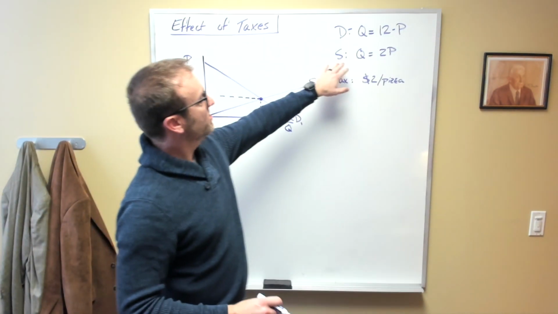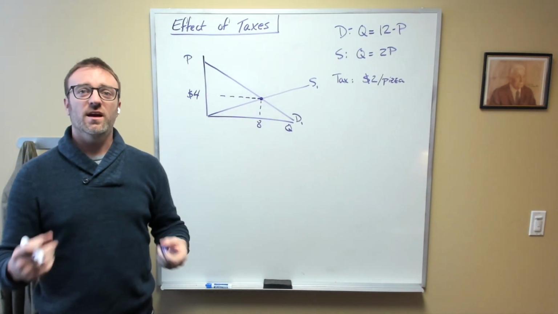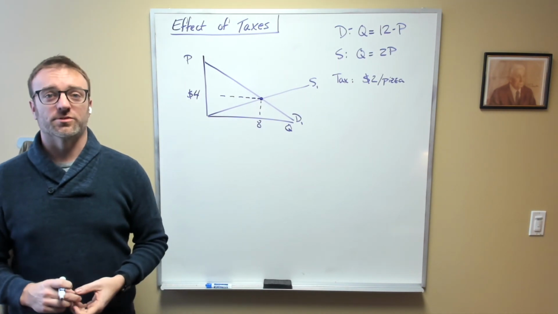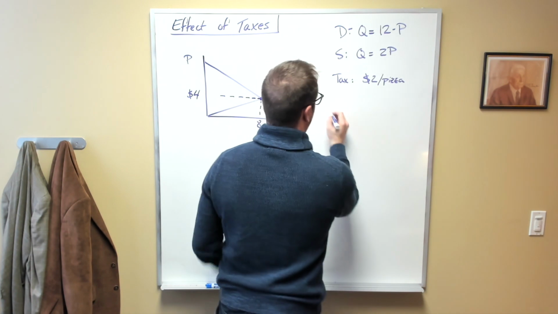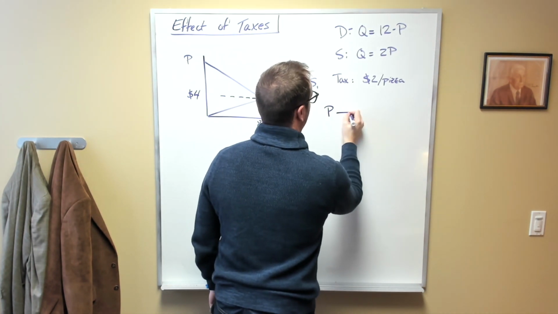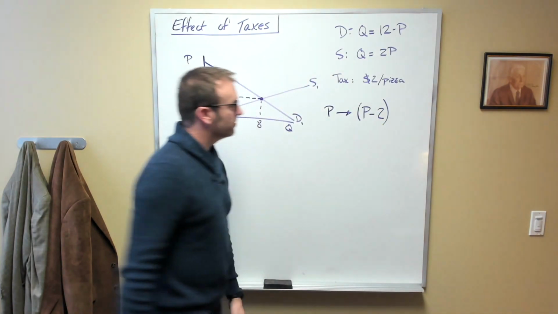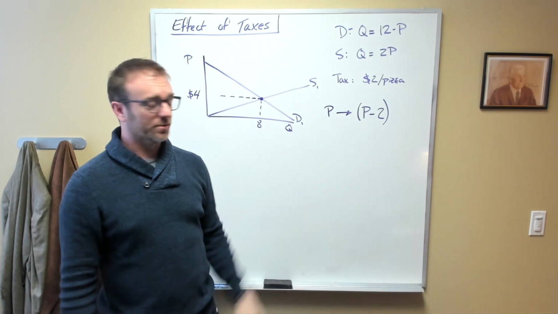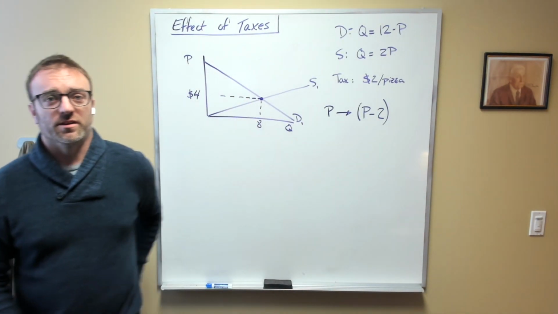What we need to do instead is think about how this will affect the supply curve, because again, the supply curve dictates the behavior of the producers. So what we're going to do in this case is replace P with the quantity P minus 2. Because after all, for every pizza that they sell, for every price that they receive for their pizza, we're going to charge them $2 in the case of this tax.